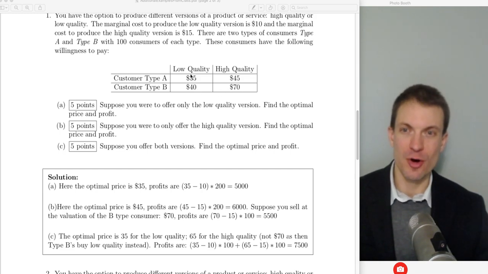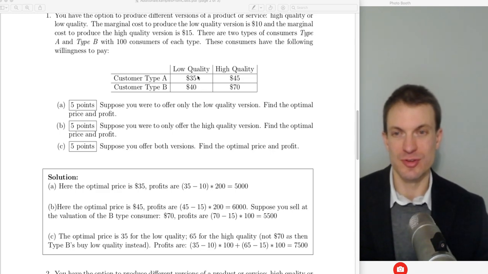If I buy low quality at a price of 35 and I'm a type B consumer, my consumer surplus is 5, because my willingness to pay for low quality is 40 and I'm being asked to pay 35. I have $5 of consumer surplus.